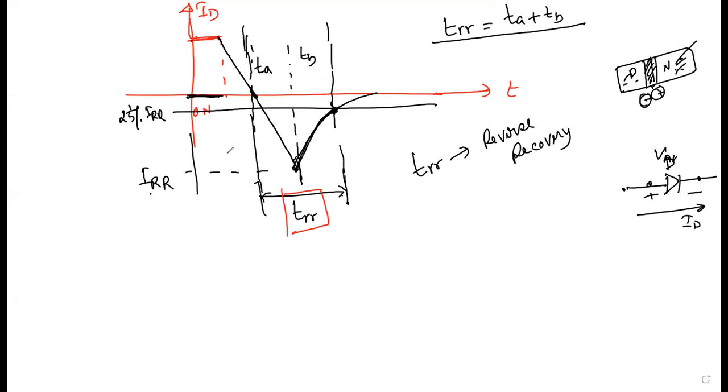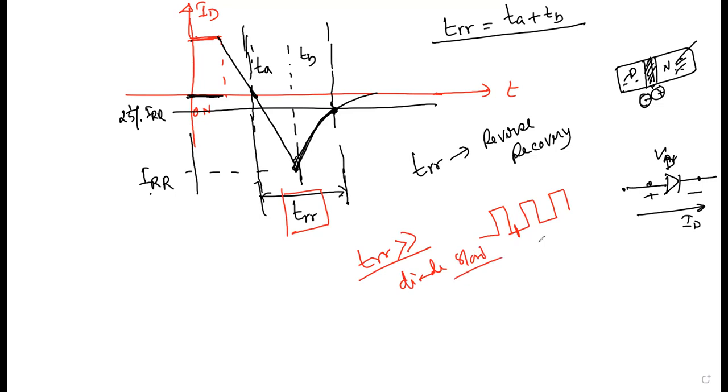So if TRR is long, your switching time will be worse. You cannot turn it on and off very quickly. You have to give a dead time for the current to reach 25% of the reverse recovery current, and only then are you ready to turn it on. If TRR is very high, that means your diode is slow. You got my point?